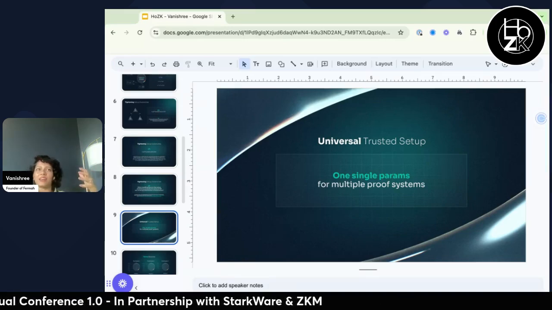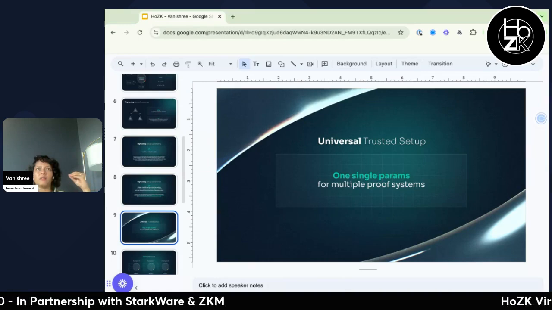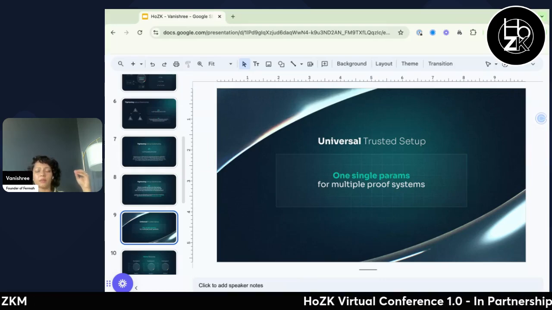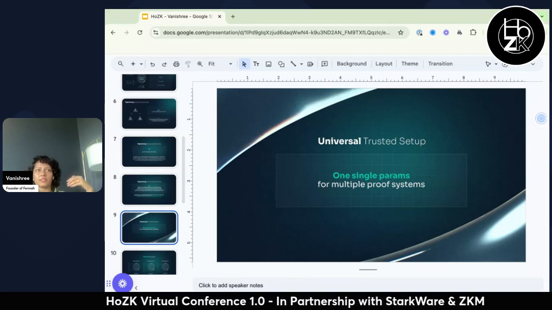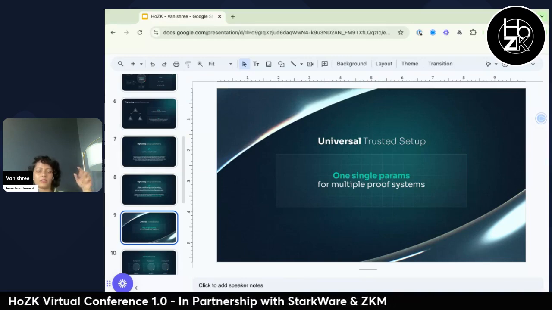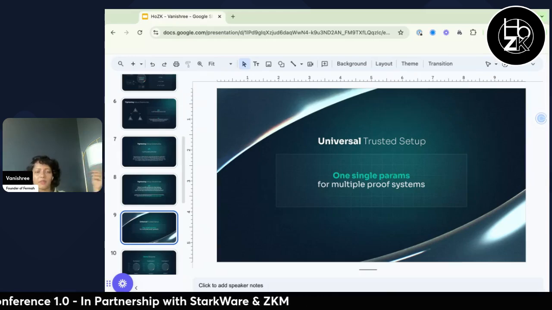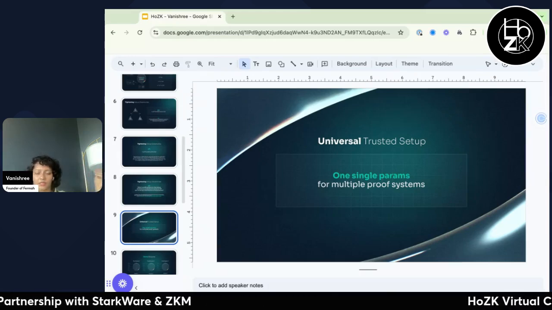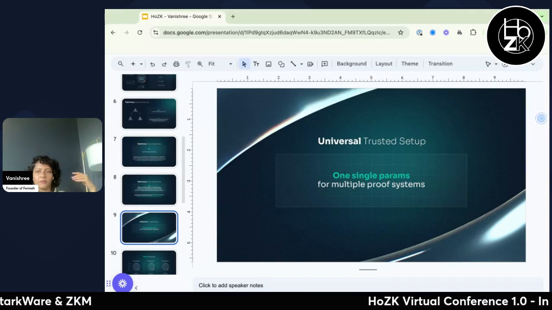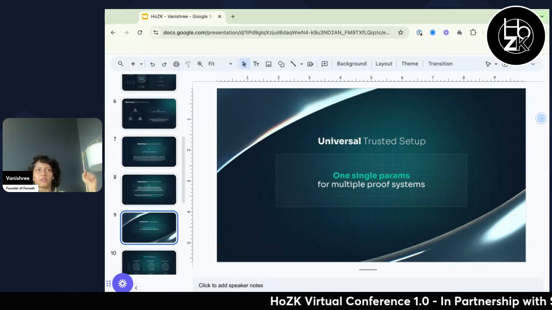Won't it be amazing if we have one single set of trusted setup parameters that can be used by all proof systems, where people can continue to progressively update it? Let's ensure that we continue to work with universally updatable trusted setup parameters.